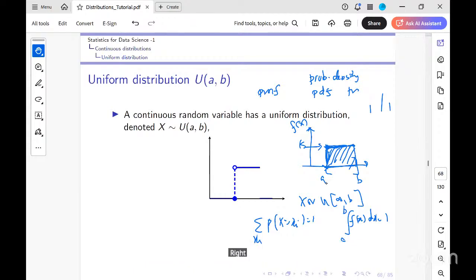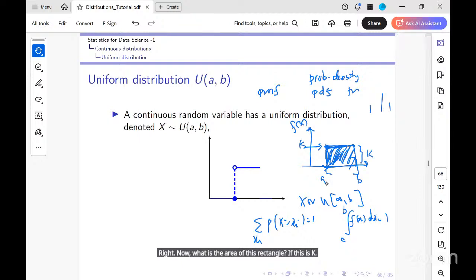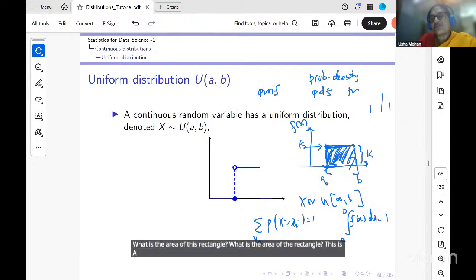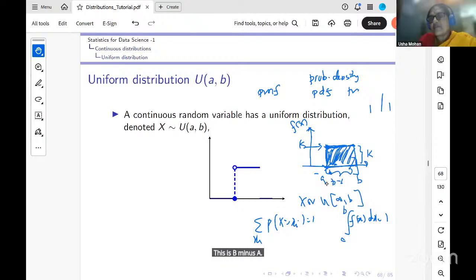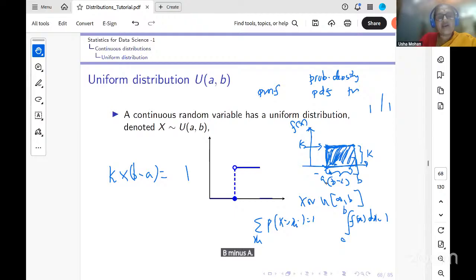Now, what is the area of this rectangle, if this height is k? This is a, this is b. So this is b minus a, into k. That is, k into b minus a. What should that be equal to? It should be 1. So what is the value of k?